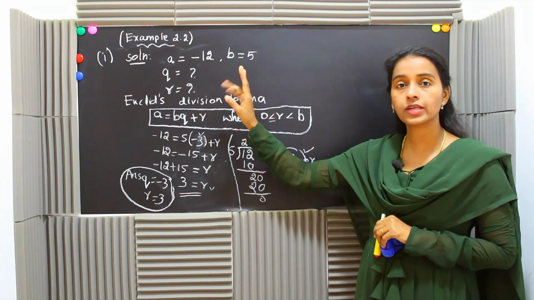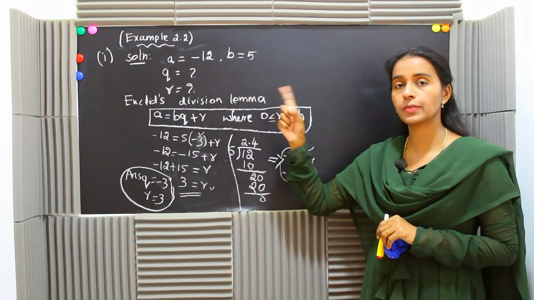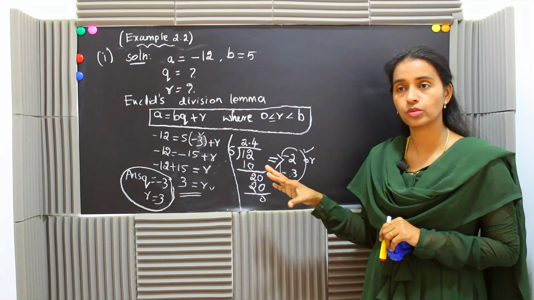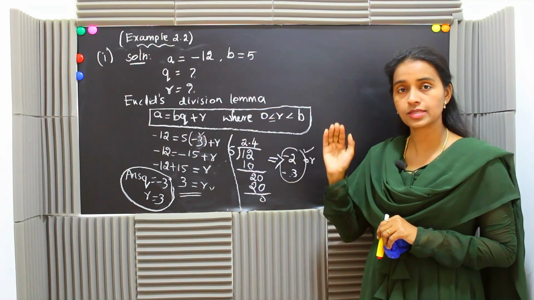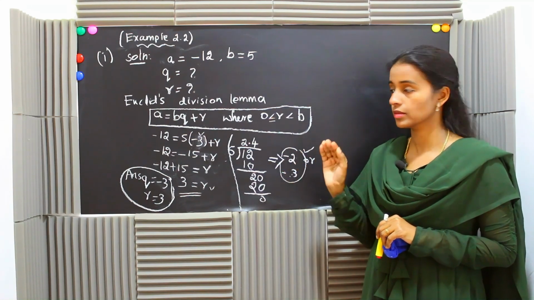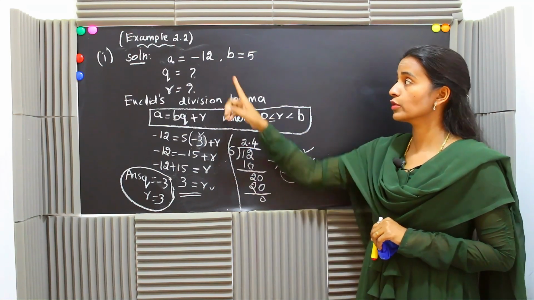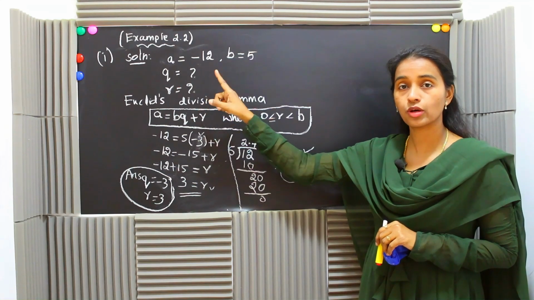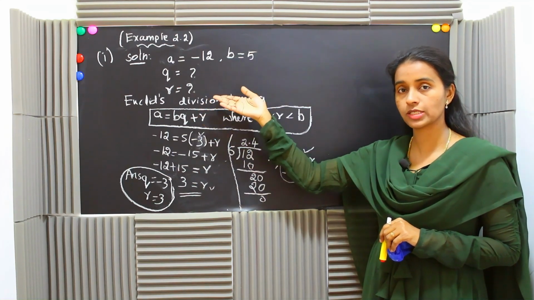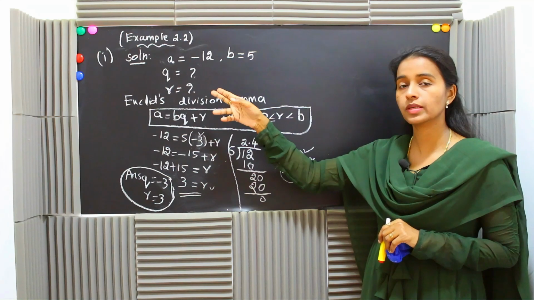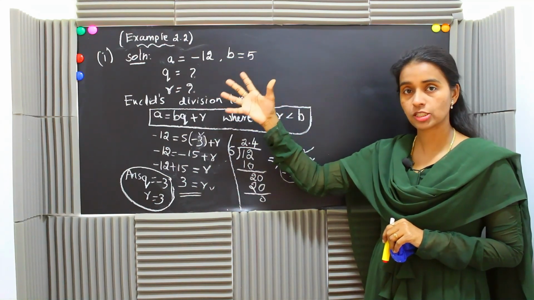If A and B are both positive numbers, there is no change. You can apply the same simple division formula. But if you have one negative number and one positive number, or both are negative numbers, then there might be slight changes.